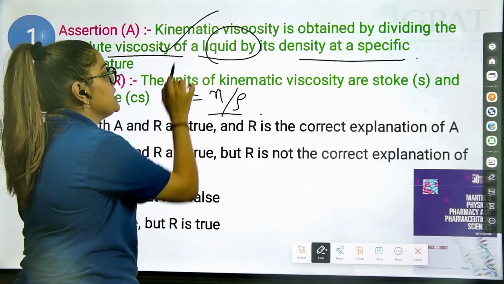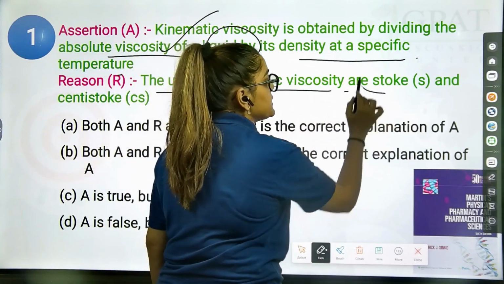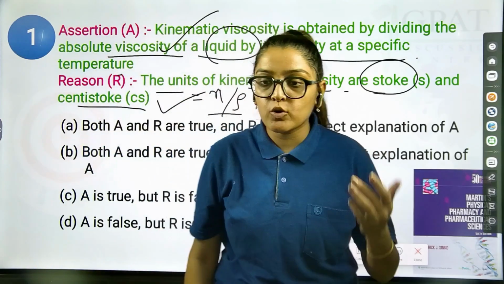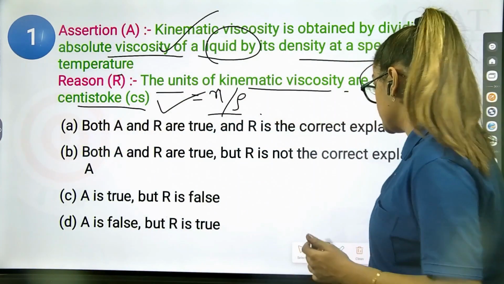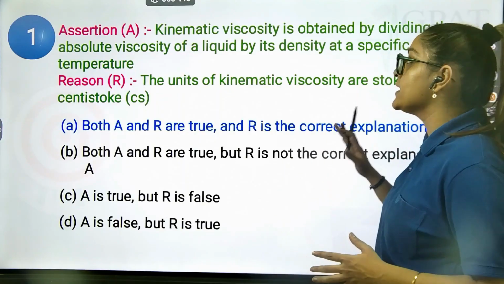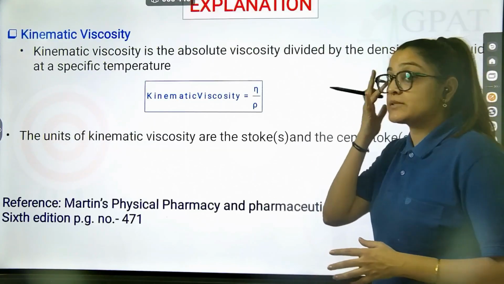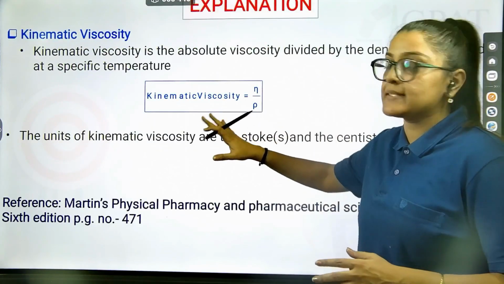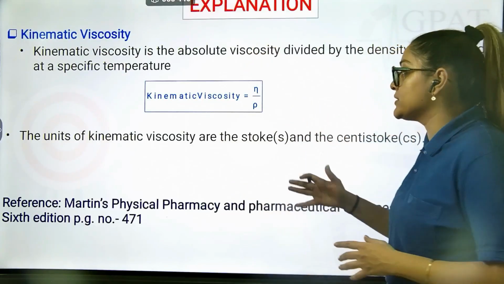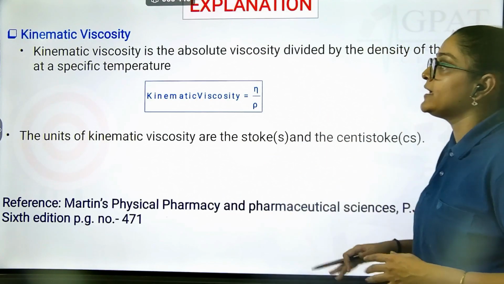This is correct. The unit of kinematic viscosities are Stokes and centistoke. Yes, this is also correct. So both the statements are actually correct. Okay. So the correct answer must be option number A. Okay. I hope this was a very simple one. Based on the formula itself, we have density, viscosity upon density, and the units being the Stokes and the centistoke.